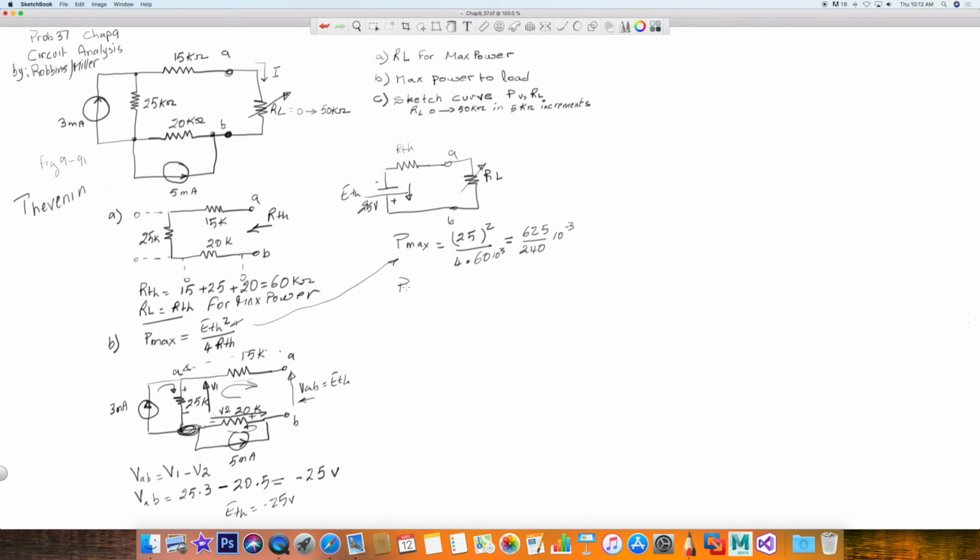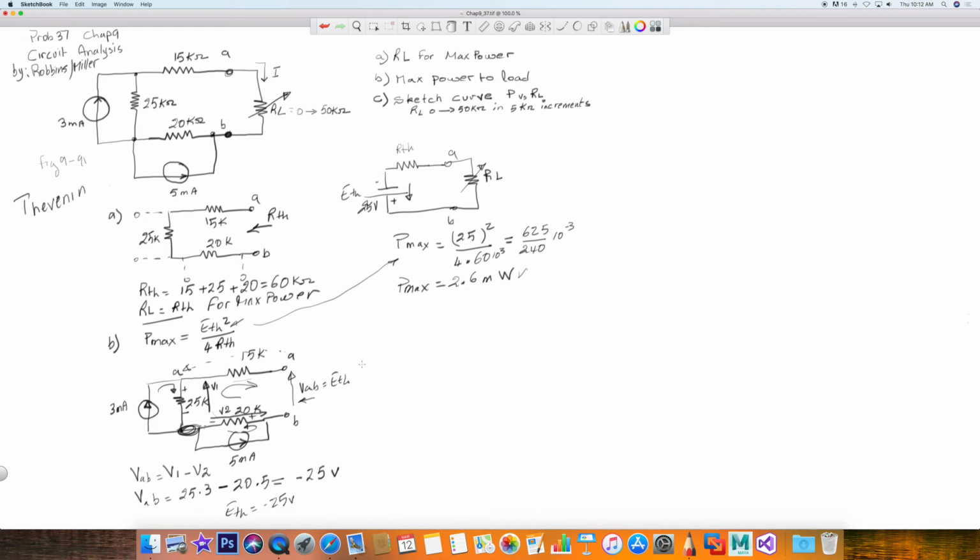And Pmax will be equal to, let's go ahead and do the division, divided by 240, and that would be 2.6 milliwatt. Okay, so there you have it. That would be the maximum power that you will get there.